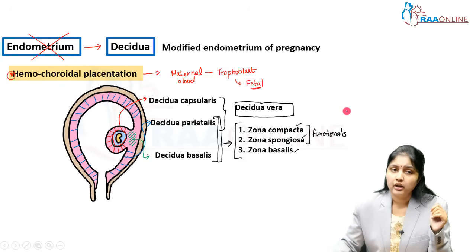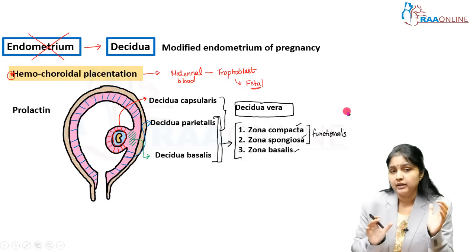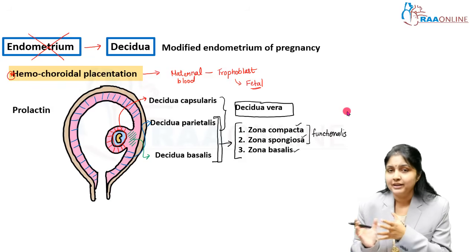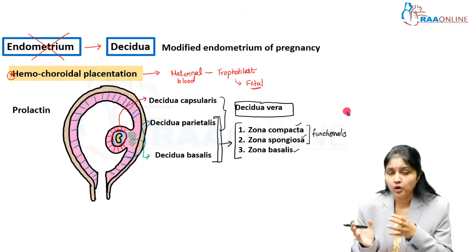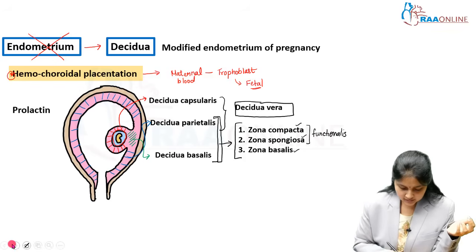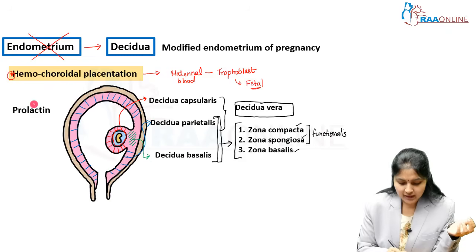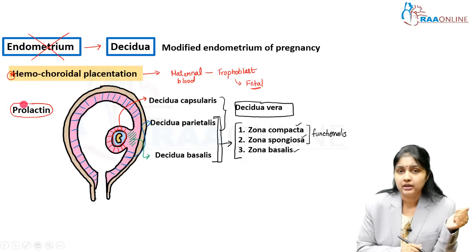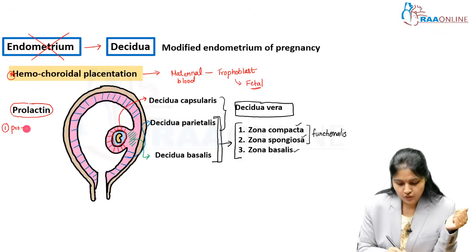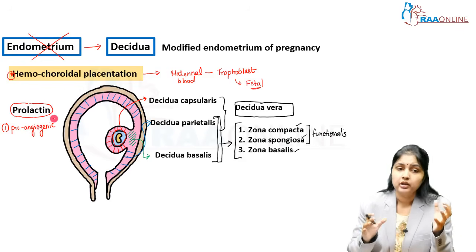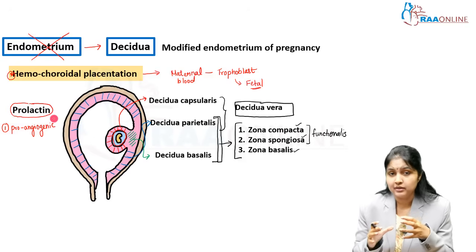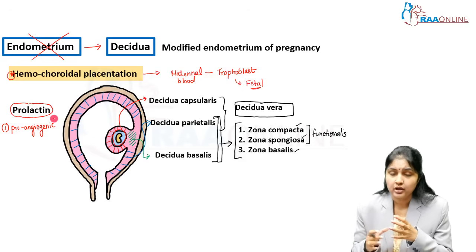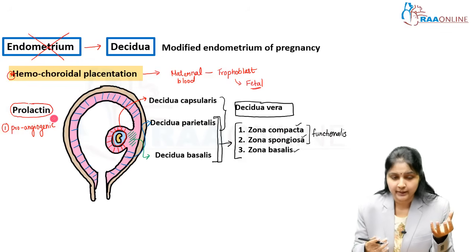Okay. Now, the decidua in pregnancy is very special because it is capable of producing the prolactin hormone, and this prolactin hormone that is secreted by the decidua has 3 important functions. First point is that it is proangiogenic, which means it helps in the formation of new blood vessels where the fetus gets attached, to help with increased blood supply.